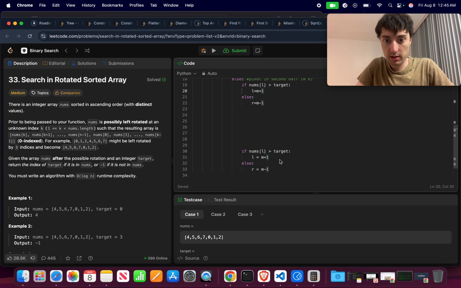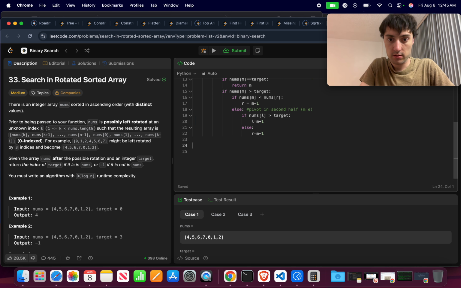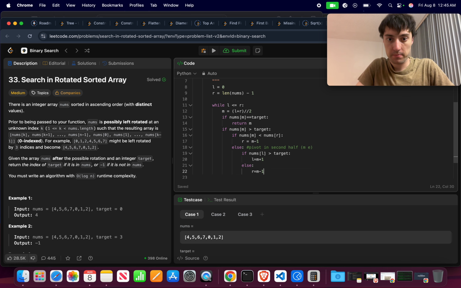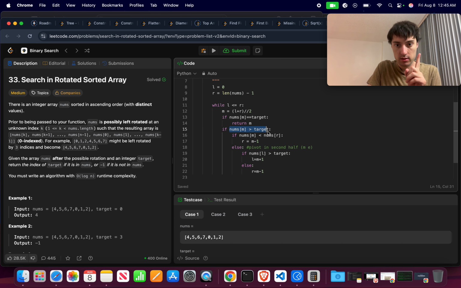So it is the same thing that I did here. Okay, so, there we go. So that might be the case where our midpoint is too big.